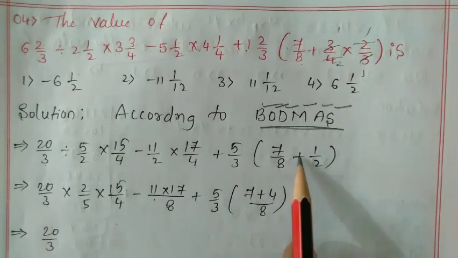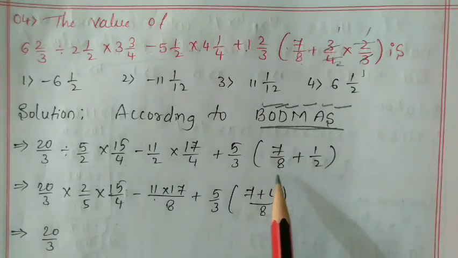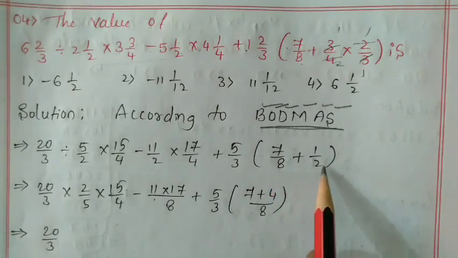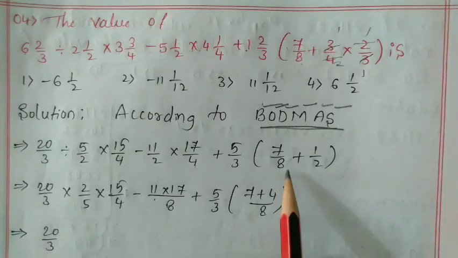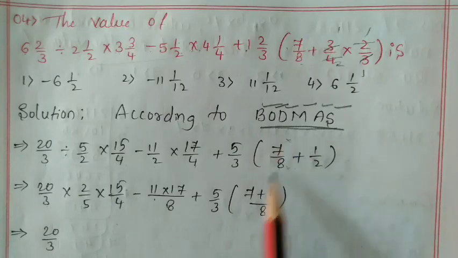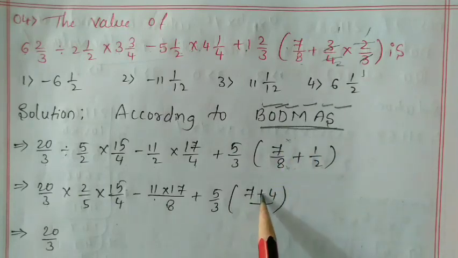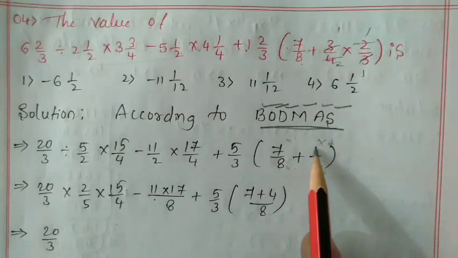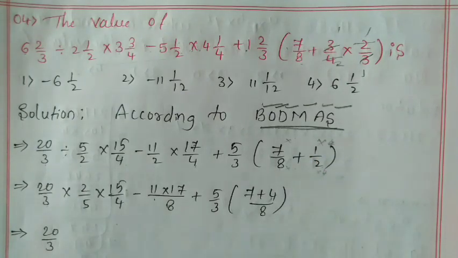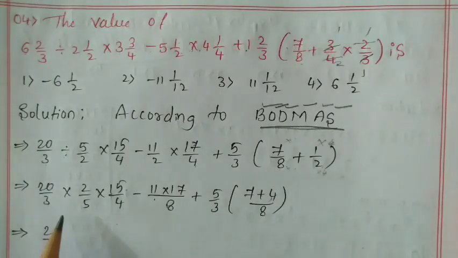After that you can add these two, because addition is there, means you can find the LCM of 8 and 2. LCM of 8 and 2 is 8. 8 ones are 8, you can multiply this also by 1. 7 ones are 7 plus, 2 fours are 8, means you can multiply this also by 4, 1 four is 4. So then you can write 20 by 3 as it is, into, you can simplify here.